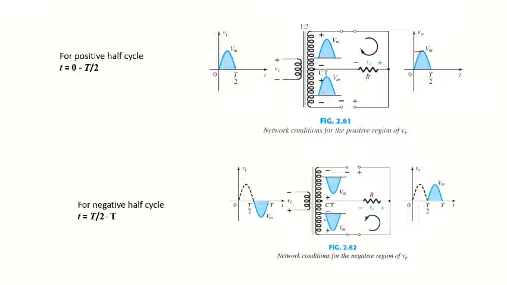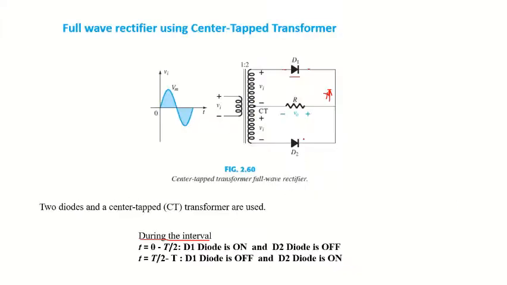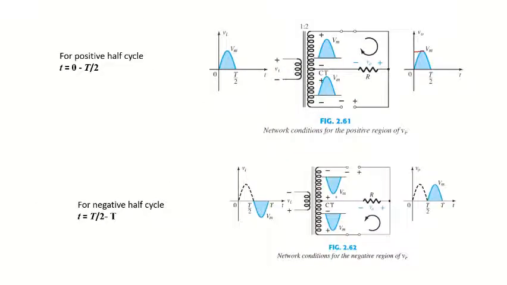So waves will be generated in both the parts, but because the circuit is open here, the current will flow only in this direction. We are getting the output here across the resistor R. So this diode is on in the negative half cycle. So this is the output.